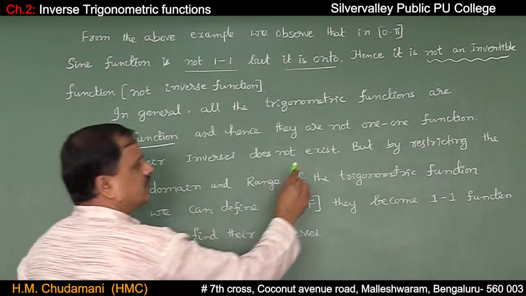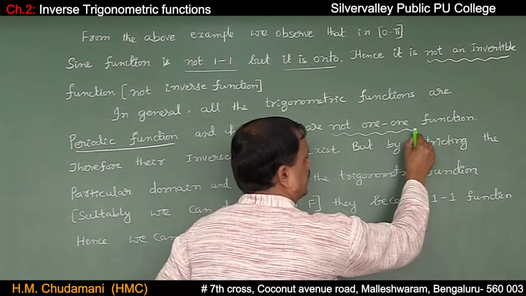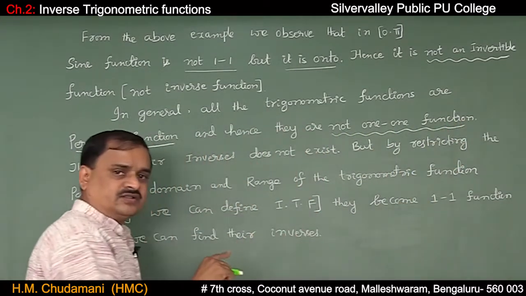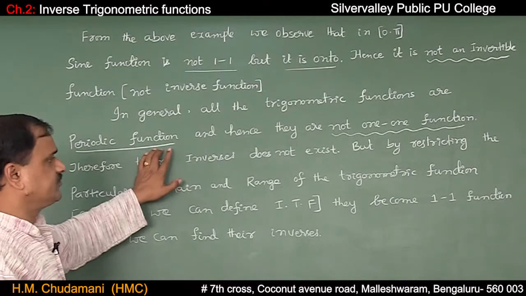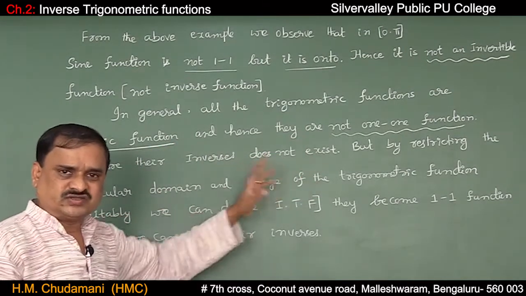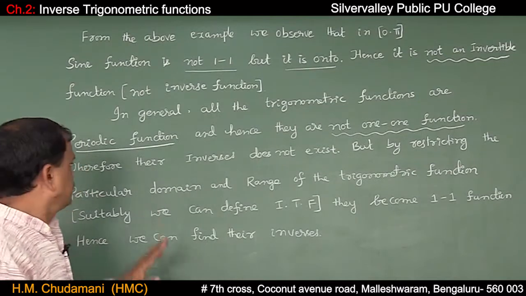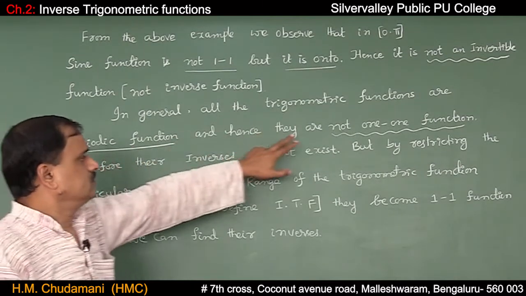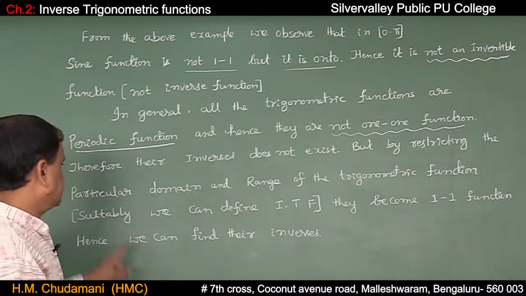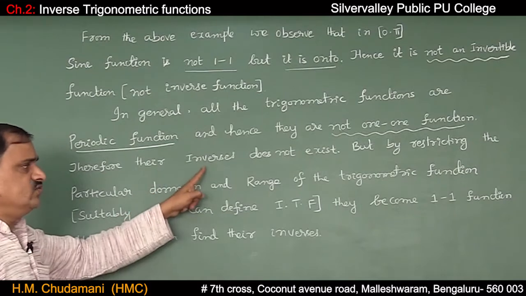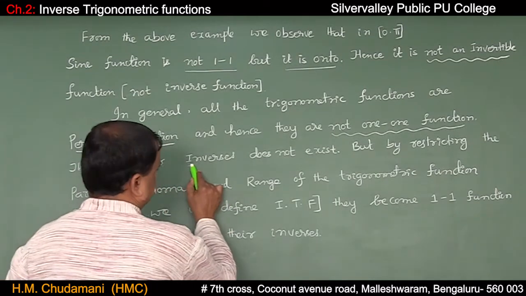Hence, they are not one-one functions. Sine and cos have a period of 2 pi. So, they are not one-one functions. Therefore, their inverses do not exist.